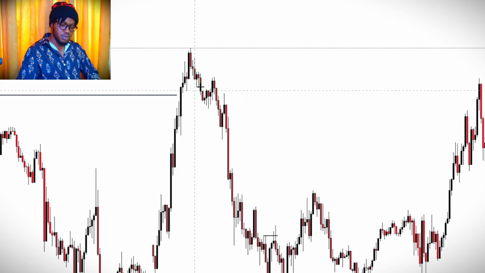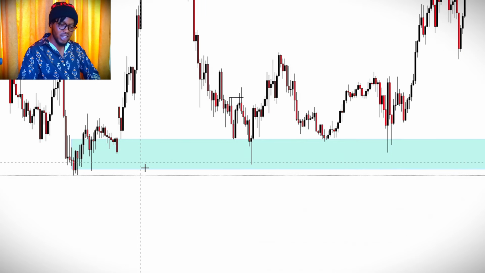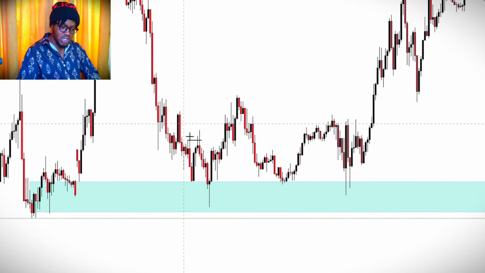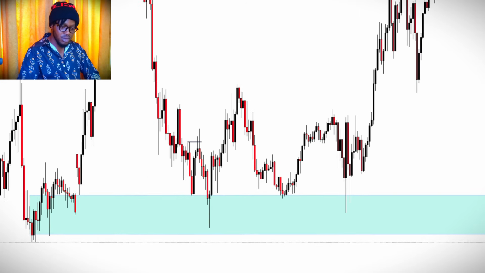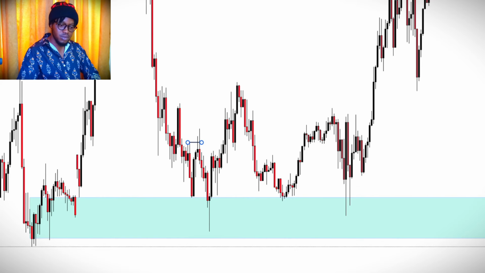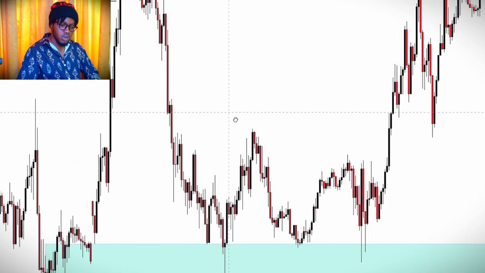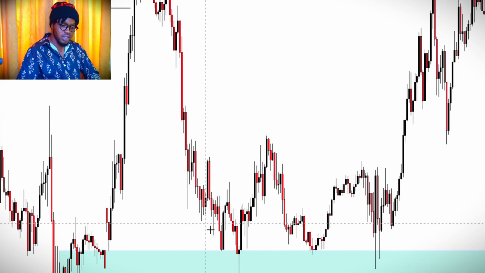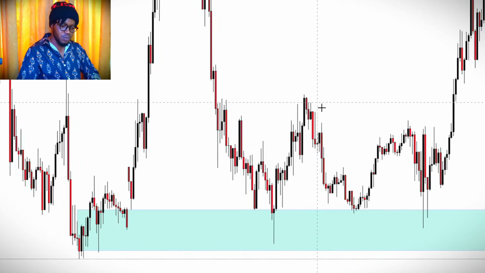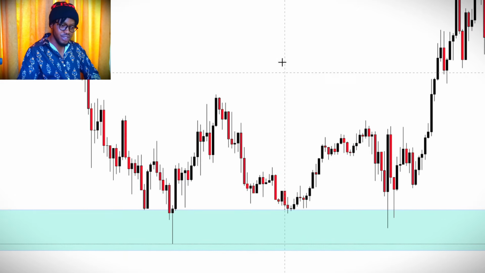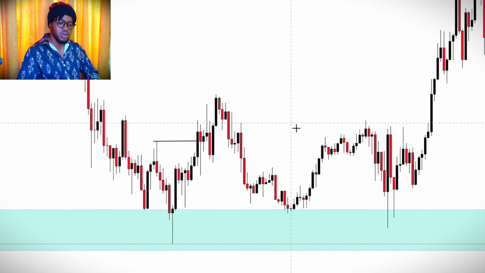After the break of structure, we spot out our demand zone, like I said, and price was retracing carefully. What did you see here? A clean retracement. Price gave us a shift of structure right here. You can see this shift of structure right here.